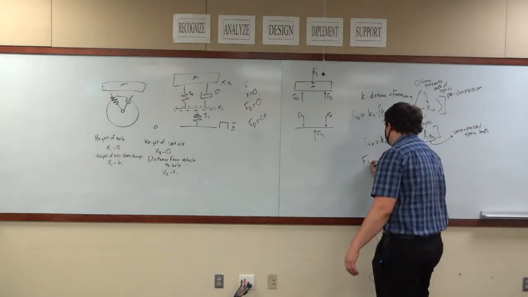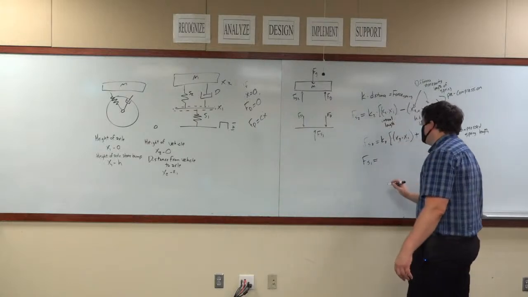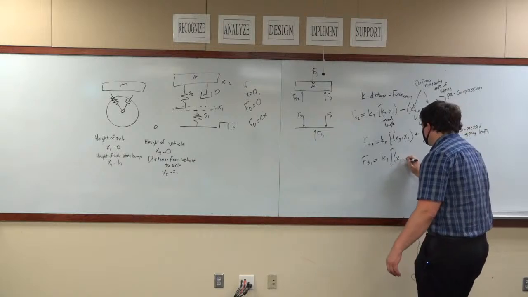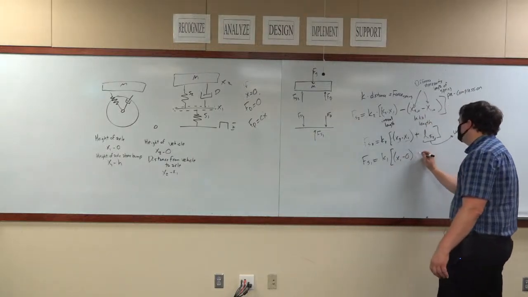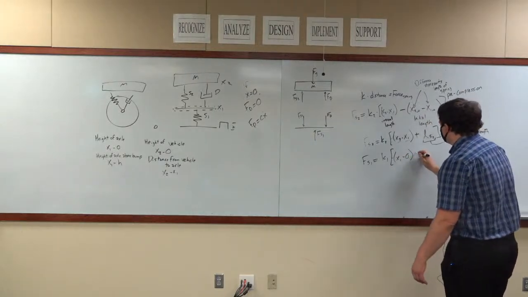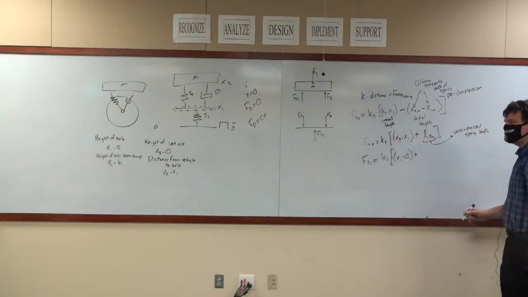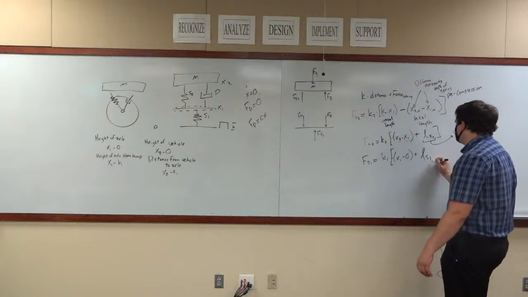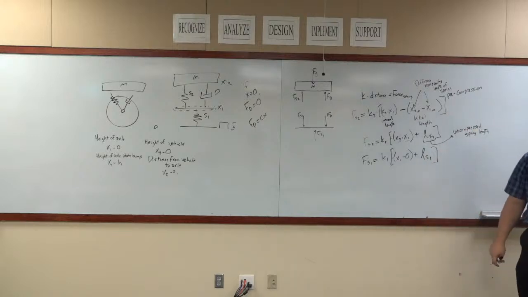For FS1, FS1 equals K1 times, again, x1 minus 0, which I'm going to go ahead and say minus, because once again, we're drawing it in compression, plus, and I'm going to call this LS1, which is the uncompressed spring length. Same thing as this.